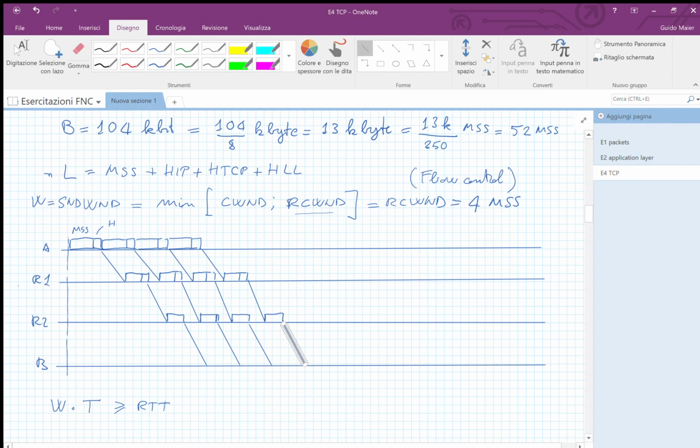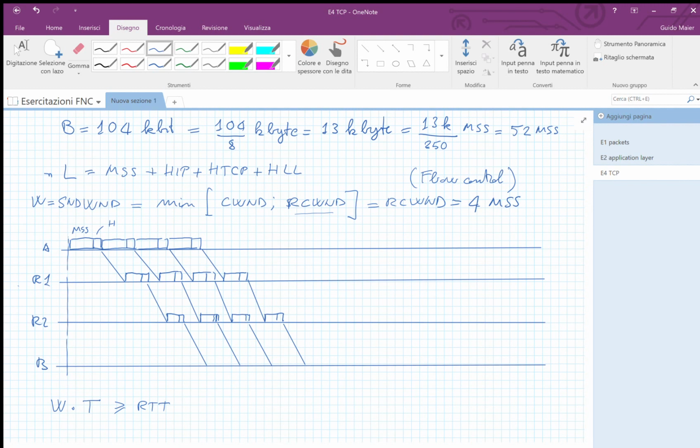This is what happens, and it is important to know that the capacities out of R1 and out of R2 are higher than the capacity of the first transmitter, because in this case we will not have any queuing at the intermediate interfaces. Otherwise, if it's not like that, you have to consider also the queuing delay.